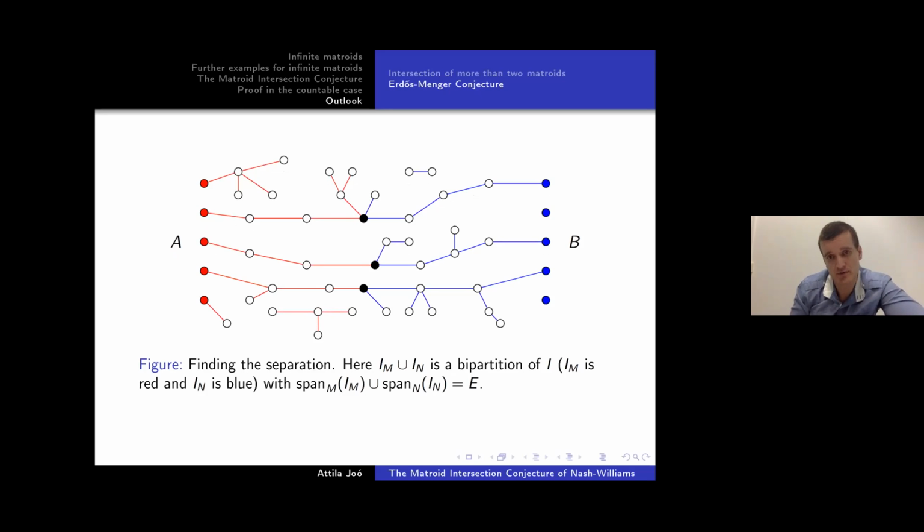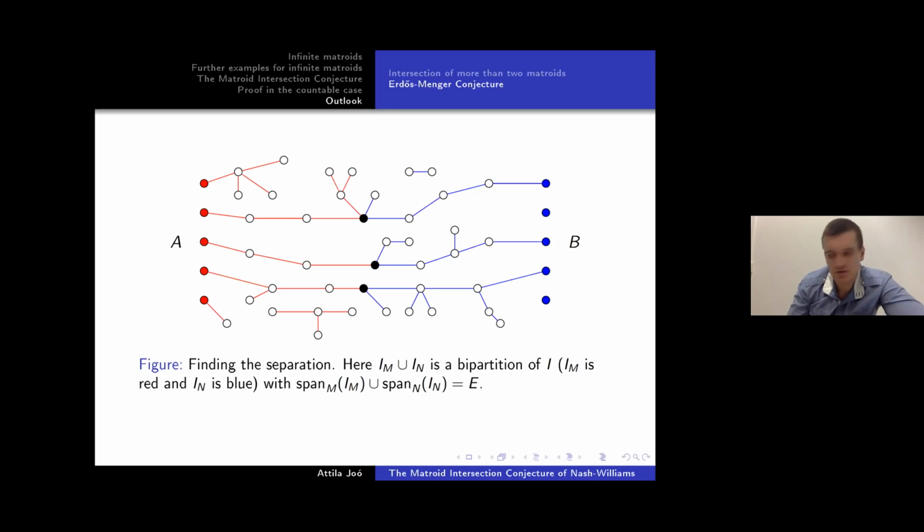I don't want to give the formal definition, but intuitively I believe it's clear. Then on every path, we simply take the vertex where the color is alternating, so the color is switching. Based on the properties of this bipartition of I, it's easy to prove that it is really a separation.